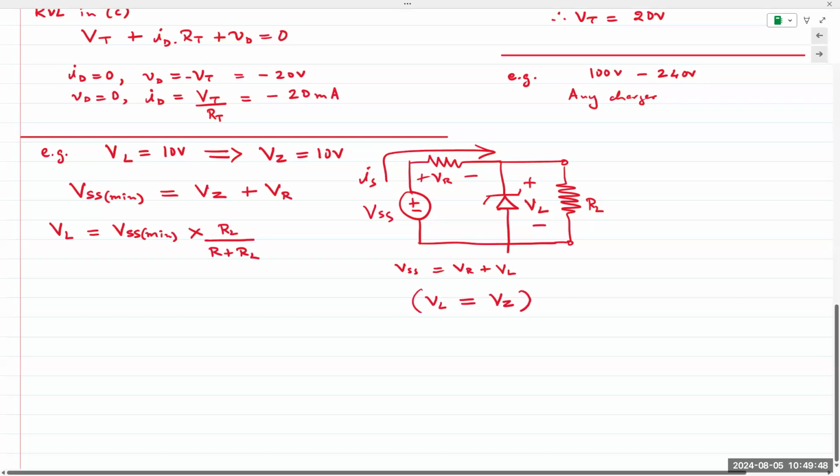Voltage division. Again, you want the voltage across RL, so it's RL divided by R plus RL. Therefore, if I want to find VSS minimum, it would be VL times R plus RL divided by RL. You plug in the values and you would obtain an answer of 12 volts.